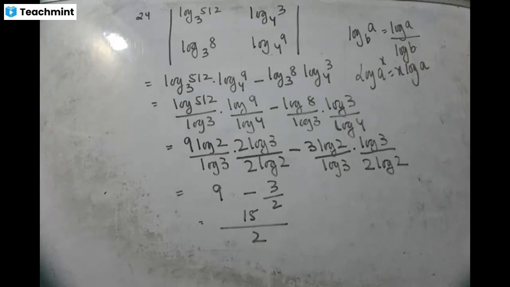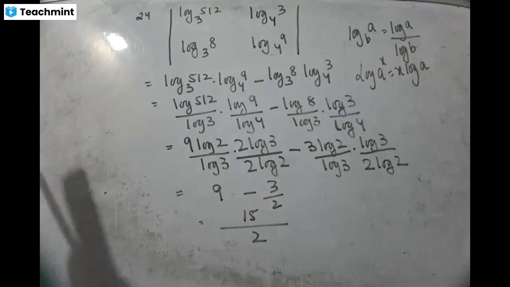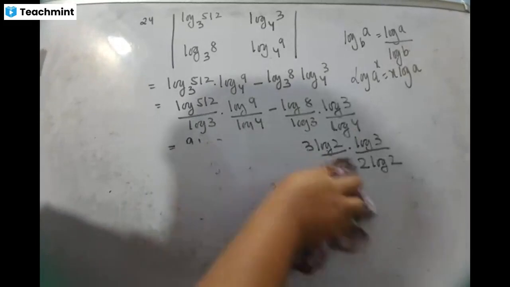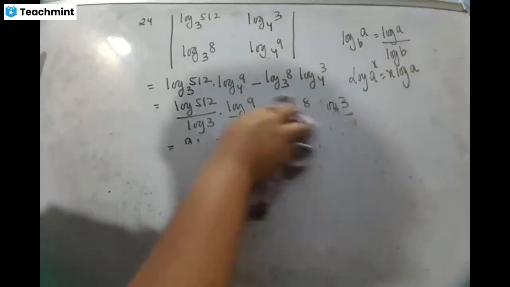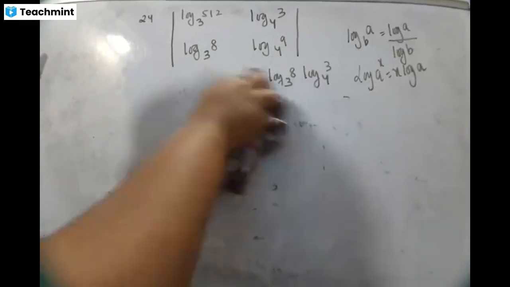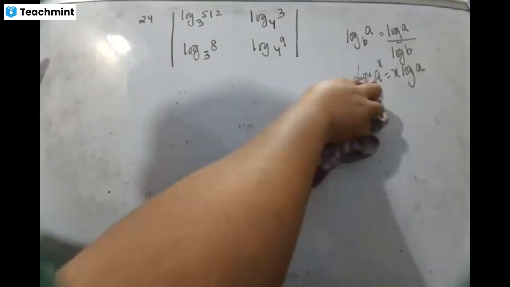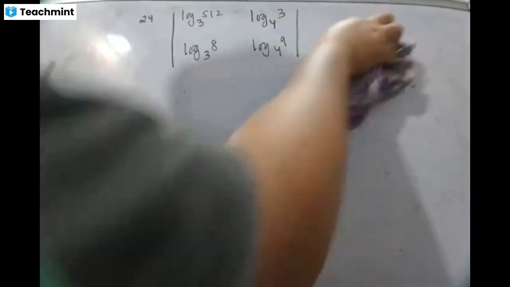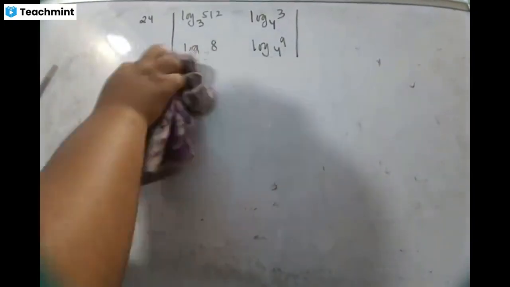The question that I was talking about that had come in the specimen paper, I'll just drop this piece. The question that had come in the specimen paper, similar to 24, was, I'll just write it down.